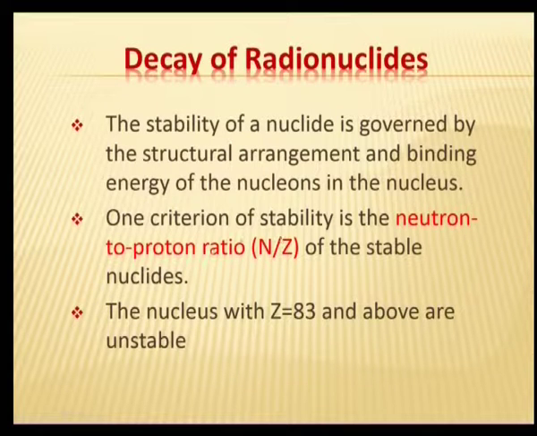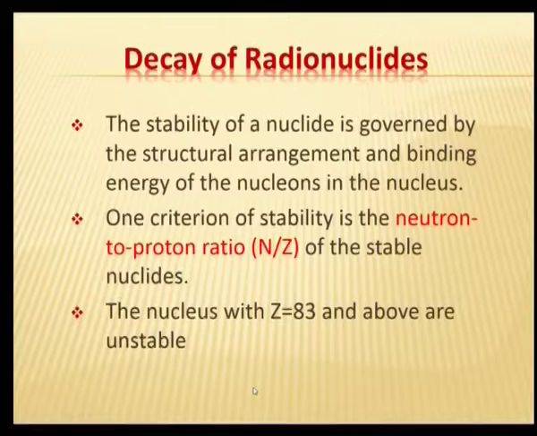The stability of the nuclei depends upon the neutron to proton ratio. I told you, when you go to heavier and heavier atoms, especially atoms whose atomic numbers are greater than 83, with Z is 83, the nucleus becomes unstable. Not only does it become unstable, the important criterion for a nucleus to be unstable depends upon the neutron to proton ratio.